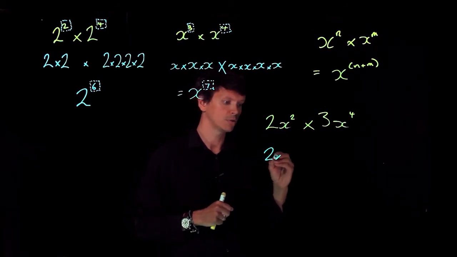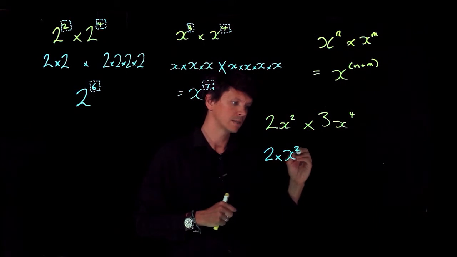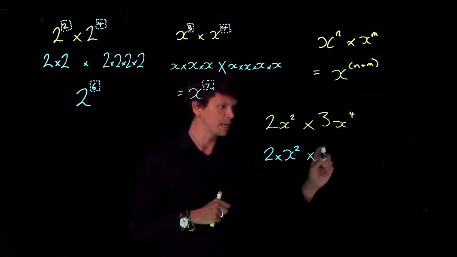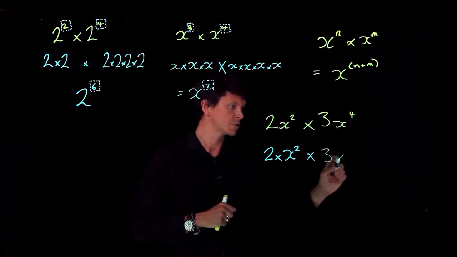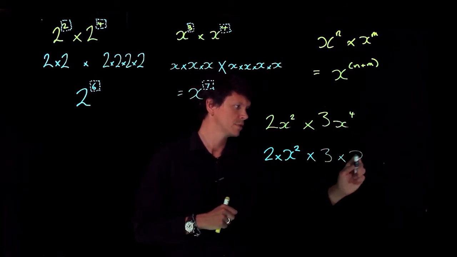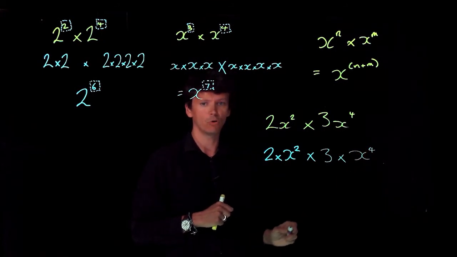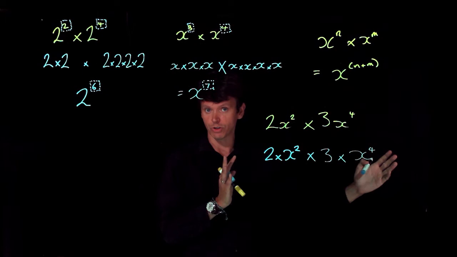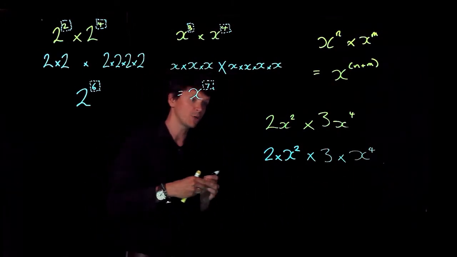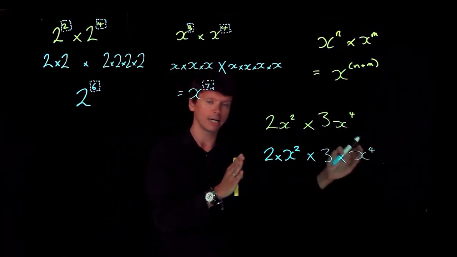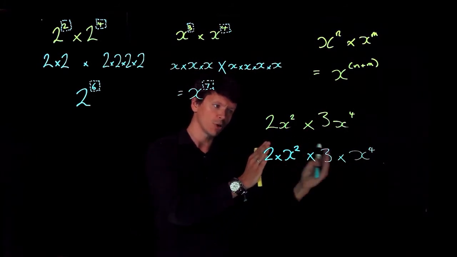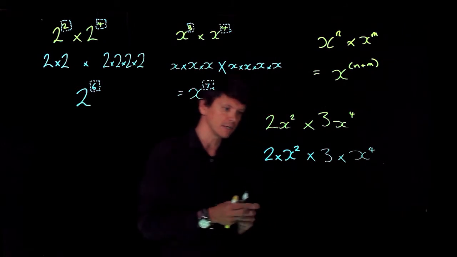Similar thing over here, we're multiplying by 3 lots, 3 times x to the power of 4. So we've expanded that slightly. Why have we done it? Well, it helps us because we can reorder this now. With multiplication sums, we can reorder them so that we have our numbers on one side. We deal with our numbers first, and then we'll deal with our x's afterwards.